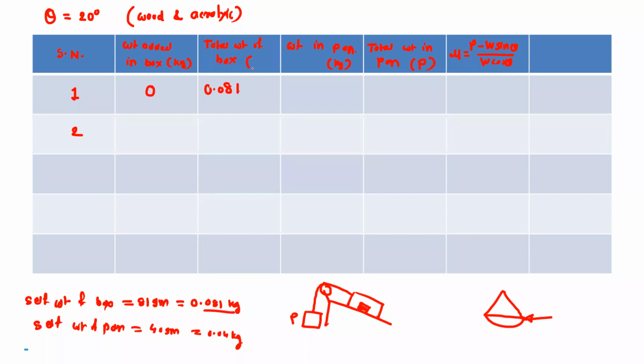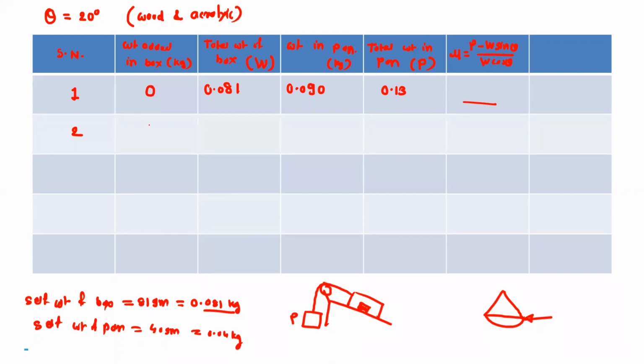This total weight is nothing but the W value. Then weight in the pan is 0.09, so it is 90 gram. Total weight is 90 plus 40, so it is 130, which is 0.13 kg. And then find this mu.